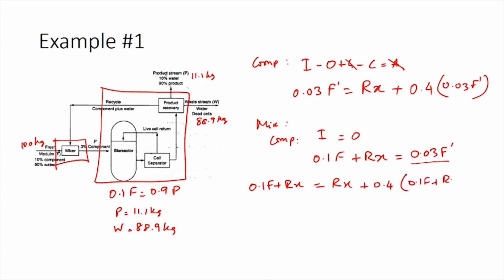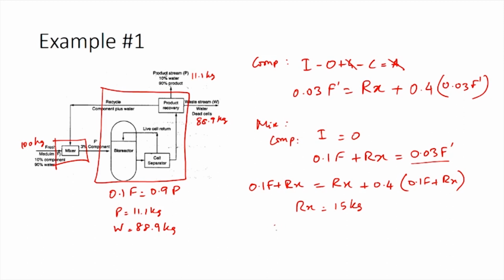As we already know the value for F to be 100 kilograms, we can calculate Rx from this equation as 15 kilograms. Now, substituting the value for Rx here, we would be able to calculate what F prime is.